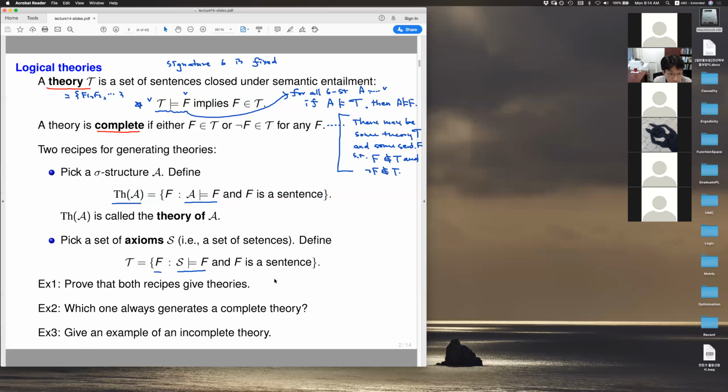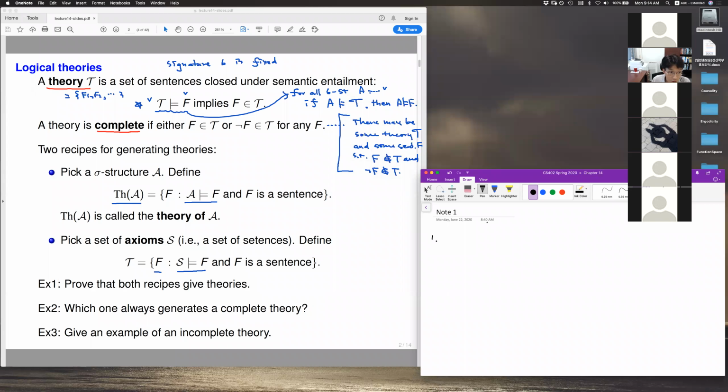So, for the first exercise, both of them are theories. The proof is really simple. To show that TH of A is a theory, why is that the case?